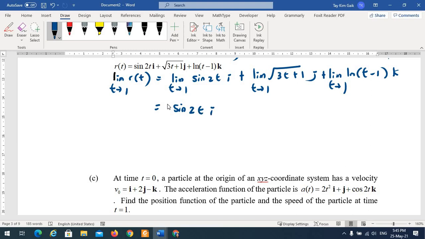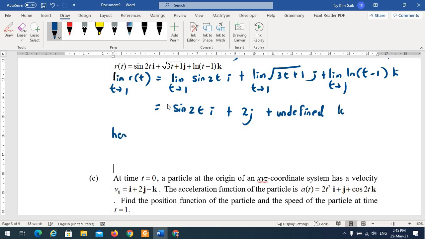Plug in t equal to 1 into the square root function: 3 plus 1 is 4, square root of 4, you have 2j. Component k, when you plug in t equal to 1, 1 minus 1 is 0, and ln 0 is actually undefined. So component k is undefined.